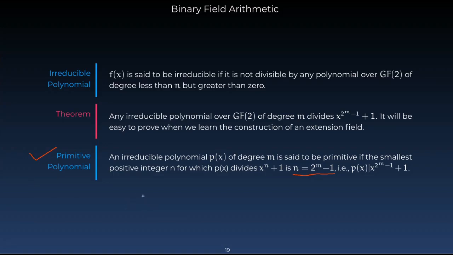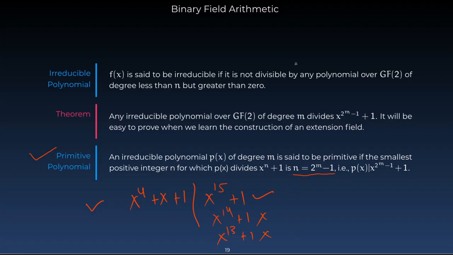An example of a primitive polynomial here is x to the power 4 plus x plus 1. This divides x to the power 15 plus 1. Okay, and it doesn't divide any other such polynomial of lower degree. So it divides this, but it doesn't divide x to the power 14 plus 1. It doesn't divide x to the power 13 plus 1, and so on and so forth.